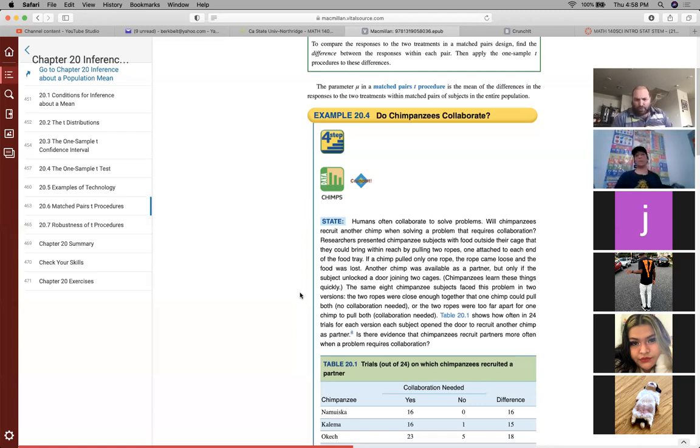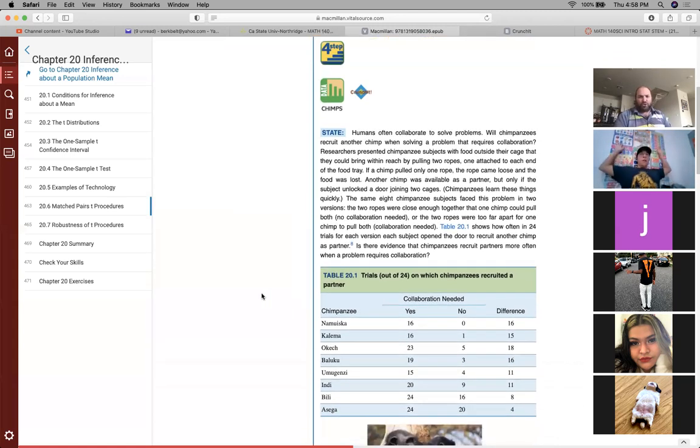Table 21.4 shows how often in 24 trials for each version, each subject opened the door to recruit another chimp as a partner. Is there evidence that chimpanzees recruit partners more often when a problem requires collaboration? So tell me, what in this problem tells you that this is a matched pair t-test?